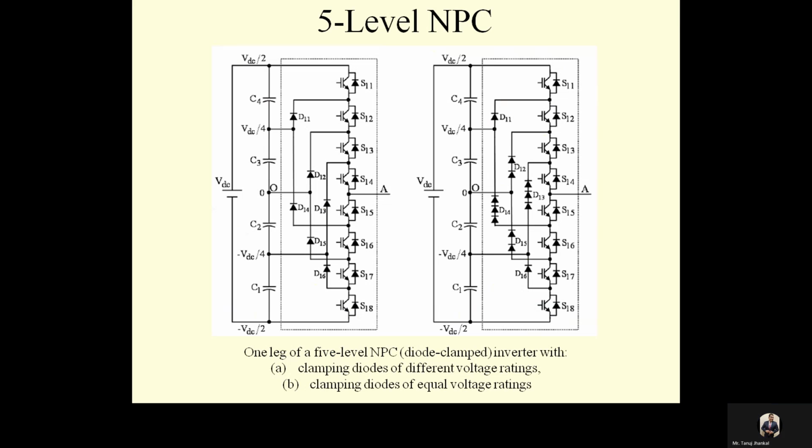A pyramid structure of the clamping diode with equal blocking voltage using the same number of diodes as the series connected structure is presented to eliminate the series association of clamping diodes. The quadratic increase in the number of clamping diodes leads to a complex power bus structure and makes the NPC or diode clamped inverter system impractical to implement when the number of levels is sufficiently high.